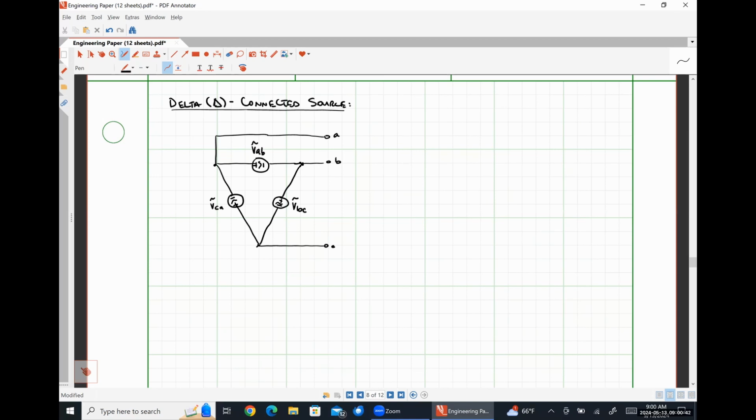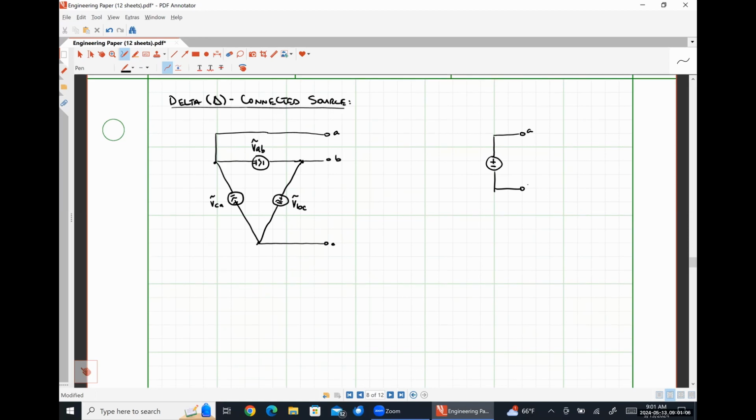Now, the way that I prefer to represent a delta connected source is actually like this. So here's A. Yes. If there's no neutral connector, then is there plenty of phase voltage here? There absolutely will be. We'll talk about that in just a second, but yes.